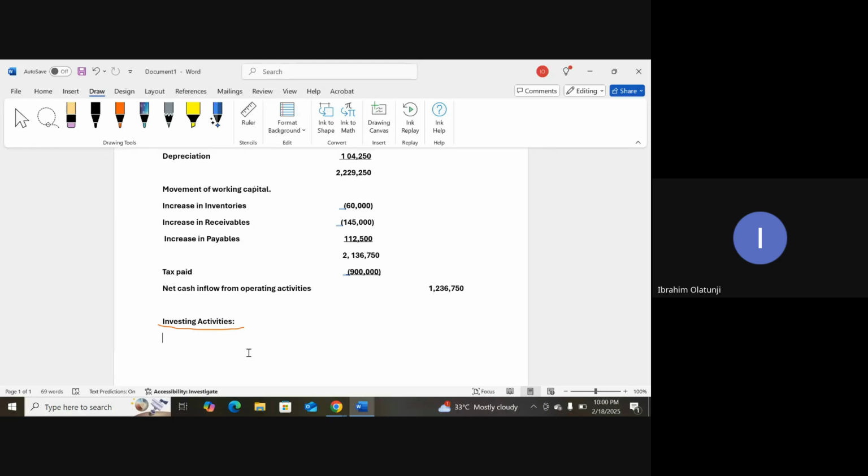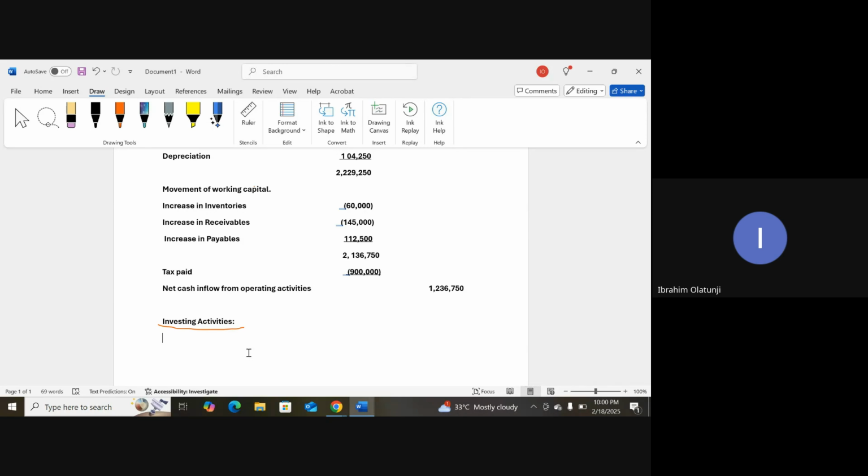You can invest as a result of probably acquiring intangible assets, or acquiring shares, or probably you dispose of your asset and get the proceeds. I'm not talking of profit now. If you dispose of an asset for 40 million and they pay you the 40 million, that's the meaning of proceeds. Then it's part of your investing activities.